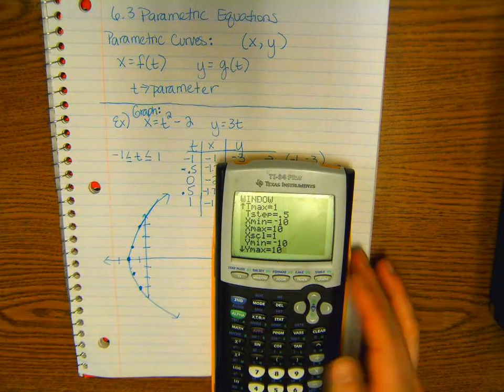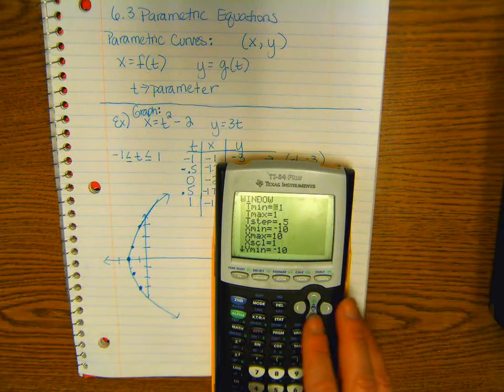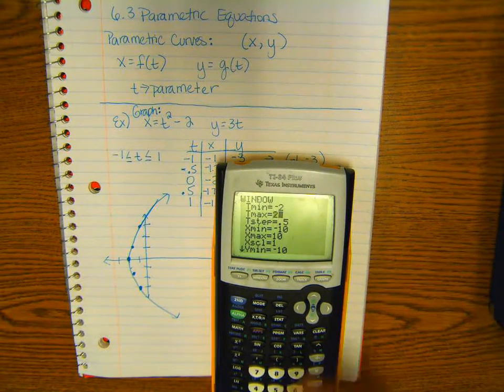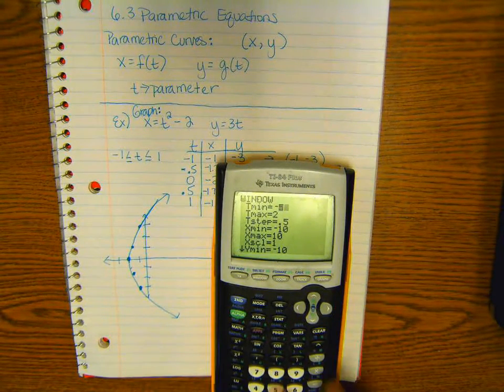Okay. So, a couple things. What do you notice that happens then? It stops. If you would make t go like from -2 to 2, it's going to go a little further. A little further still. Okay.